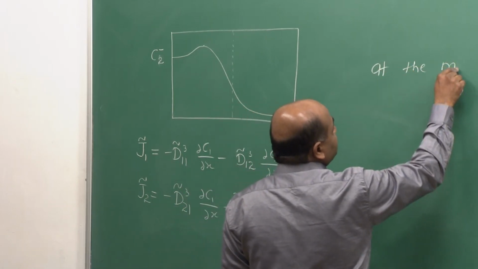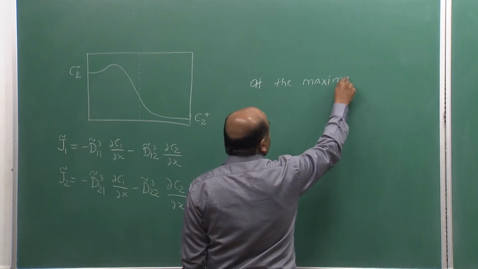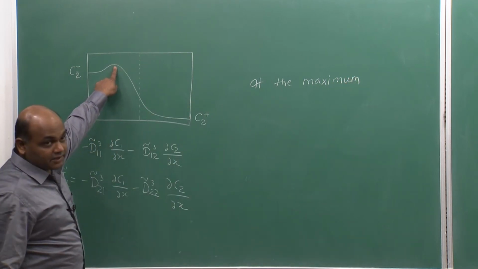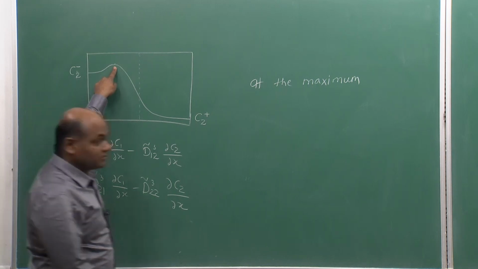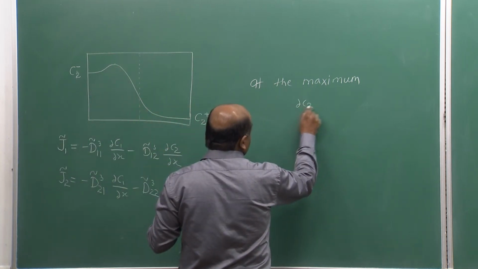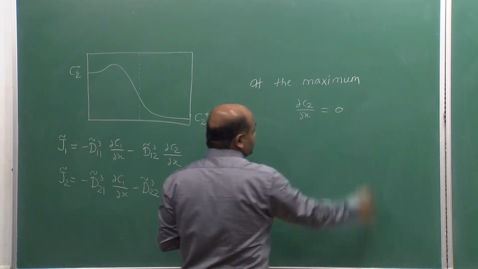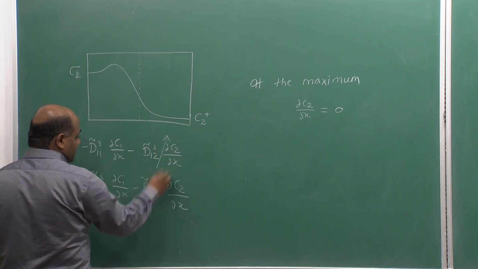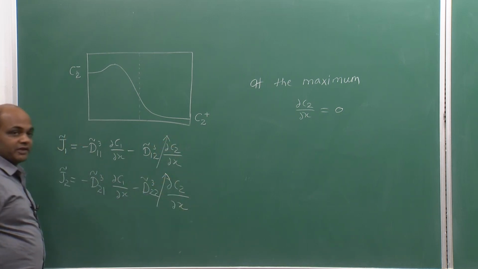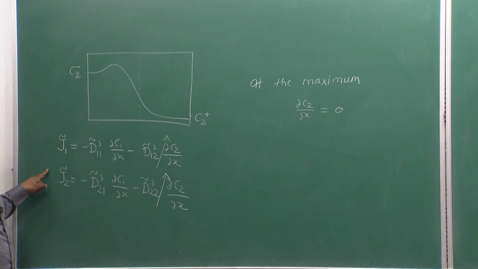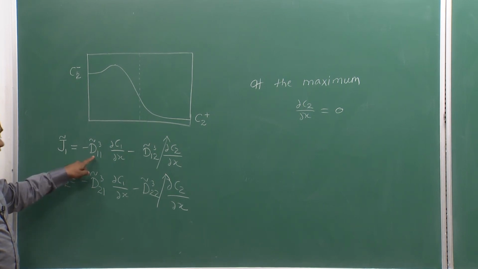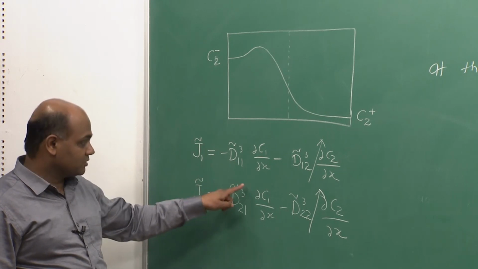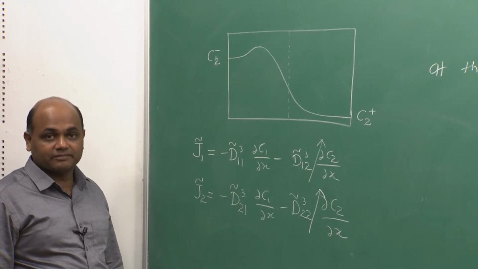At the maximum, the gradient of component 2 is 0, which means dou C2 by dou x is 0. So, I can get rid of the second term in both the flux equations. So, essentially I can get two values, D11 and D21 with respect to 3 as the dependent component. Right.